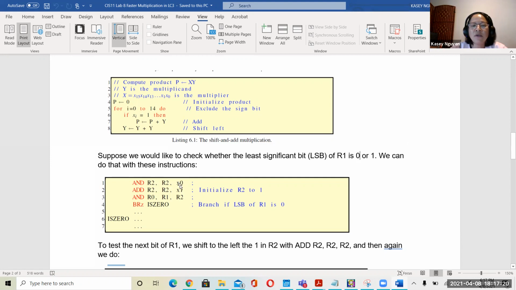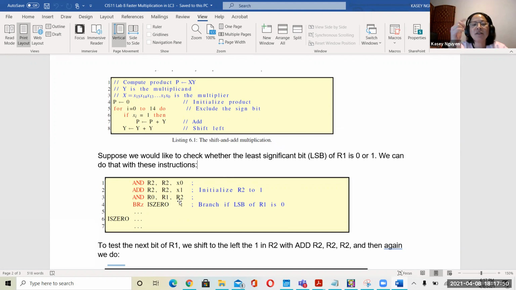So here you clear register 2, you add 1 to register 2 to initialize, and then you would add register 1 with register 2. Remember that register 1, right, is the multiplicand, and we wanted to check if that least significant bit is a 1. So when you add a 1 with a 1, it's going to give you a 1 with a carry.